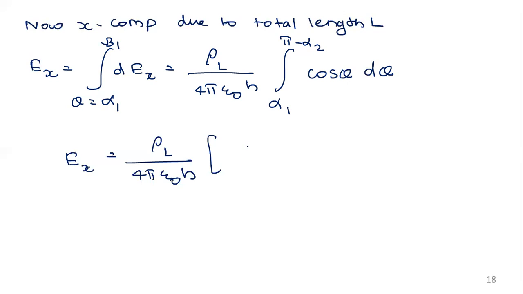So what will be sin 180 minus theta? Sin theta. So all these things you know. So what you get finally is sin alpha 2 minus sin alpha 1. So you know what is rho L, you know what is h here, what is alpha 2 here, what is alpha 1 here. And you got the Ex: the electric field intensity along the x direction due to a line charge at a distance of h. Ready or not?